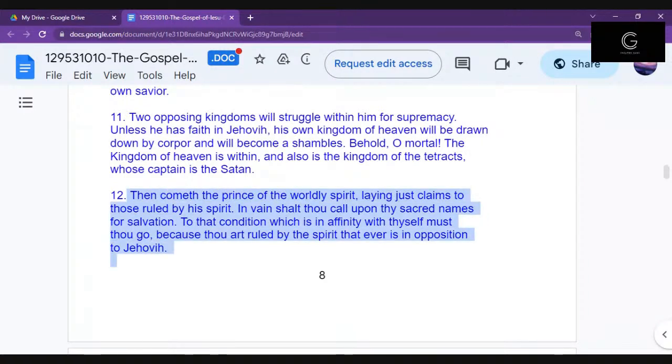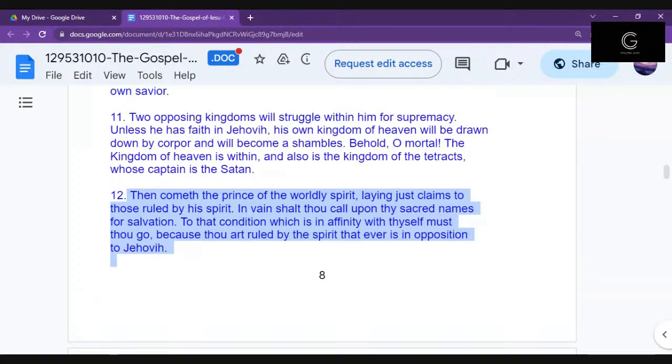Then cometh the prince of the worldly spirit, laying just claims to those ruled by his spirit. In vain shalt thou call upon thy sacred names for salvation. To that condition which is in affinity with thyself must thou go.